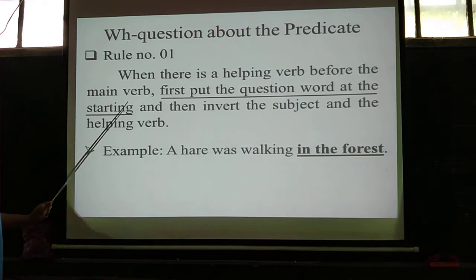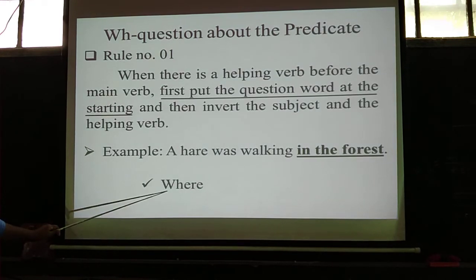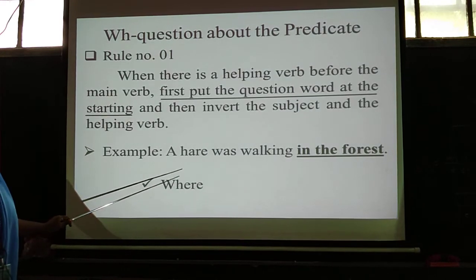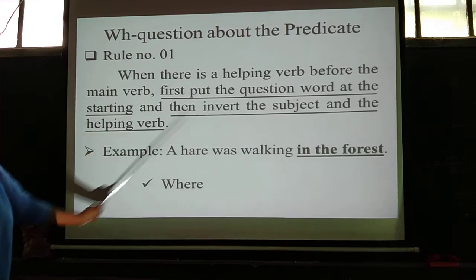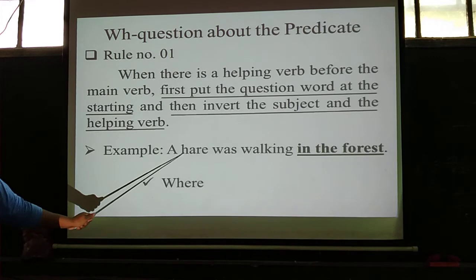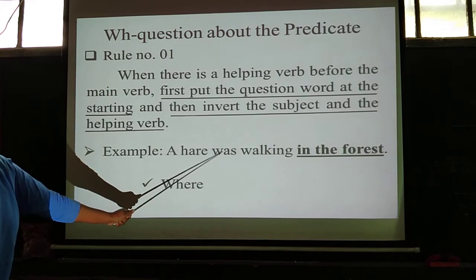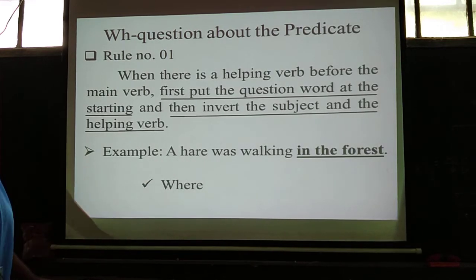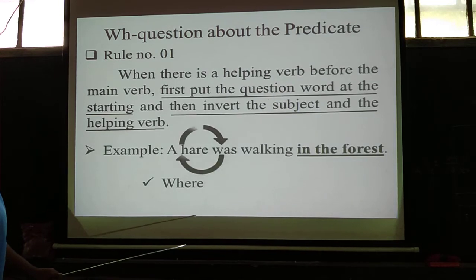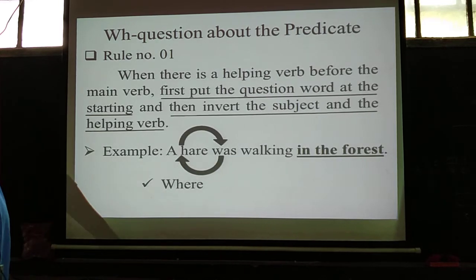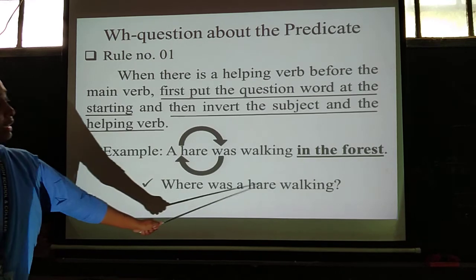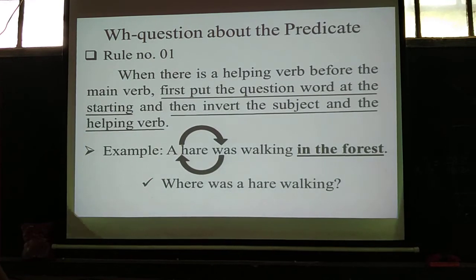So what will be our question word? Where. Okay, where, and then we have to invert the subject and the helping verb. Here is the subject and it is the helping verb. So we have to invert like this.